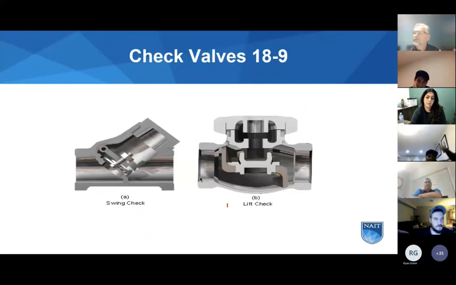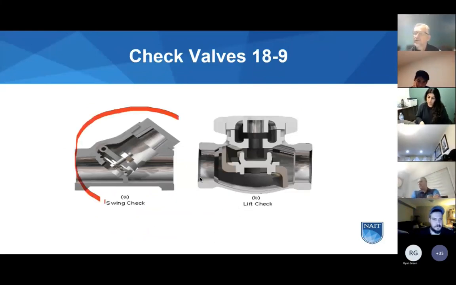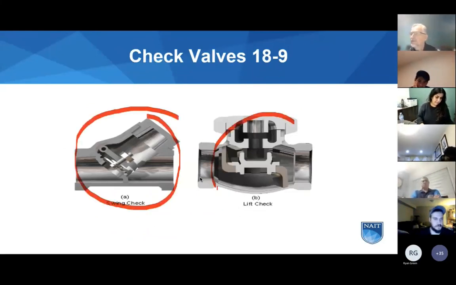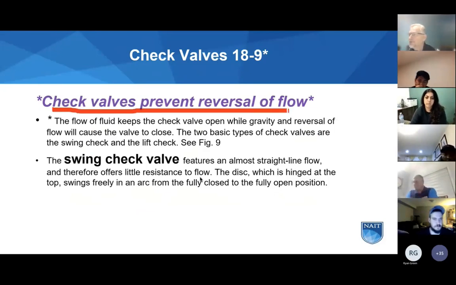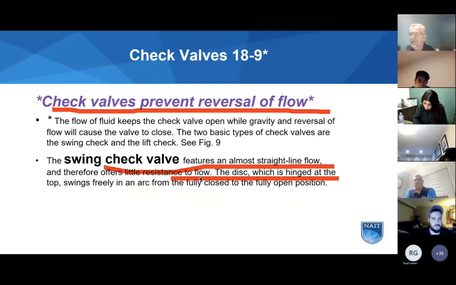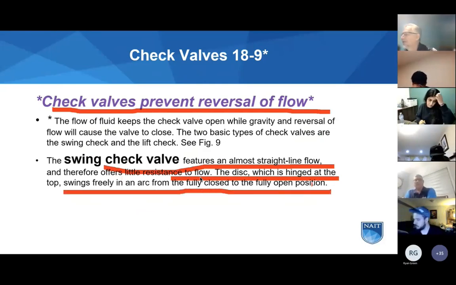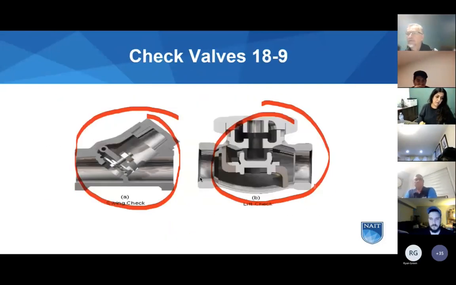Check valves, a couple kinds of check valves, a swing check valve and a lift check valve. Check valve purpose is to prevent reversal of flow. Swing check valve has a straight line flow, offers little resistance to flow, has a disc hinged at the top, swinging freely inside the pipe.